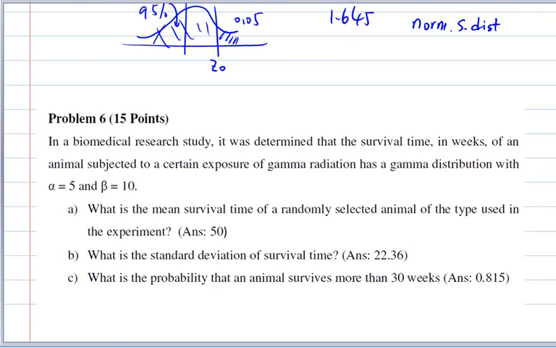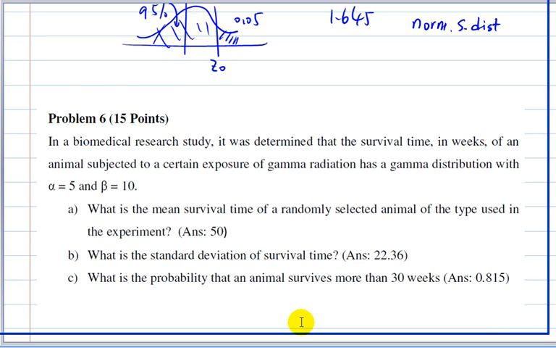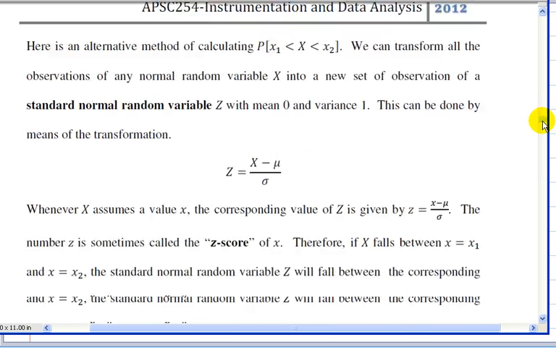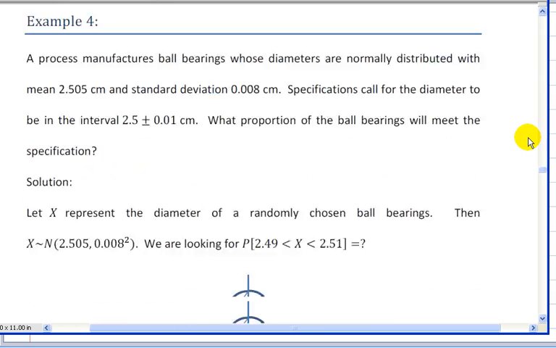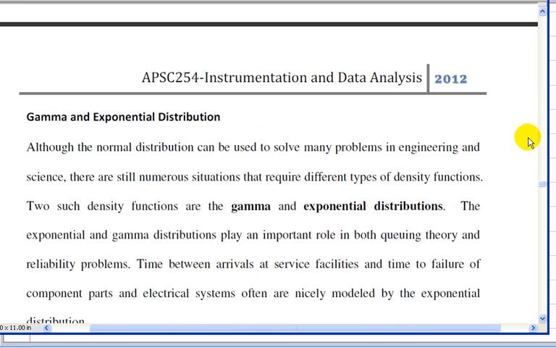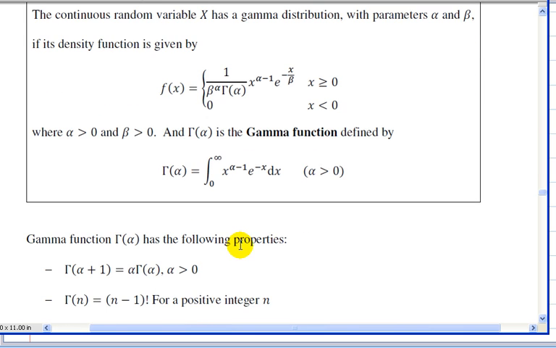Okay, let's see problem 6. For problem 6, you have to look at lecture 21, because we're talking about the gamma distribution. The gamma distribution is a very interesting distribution because it leads to the chi-squared distribution, which we use in the future. I'm not asking you in this question to do integration or to operate on this formula.